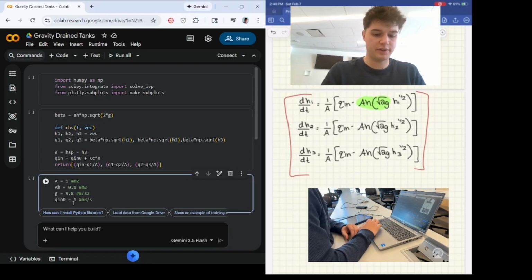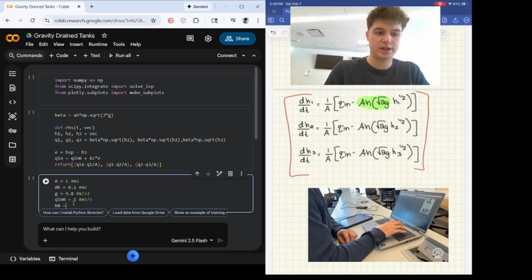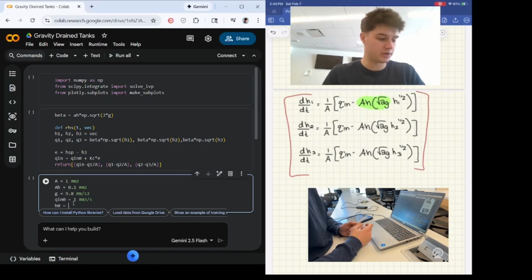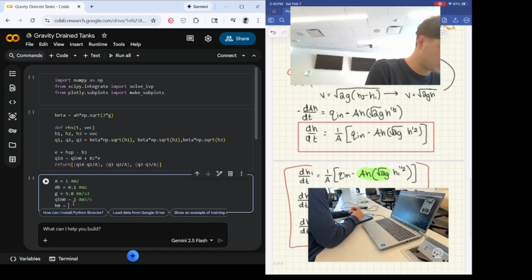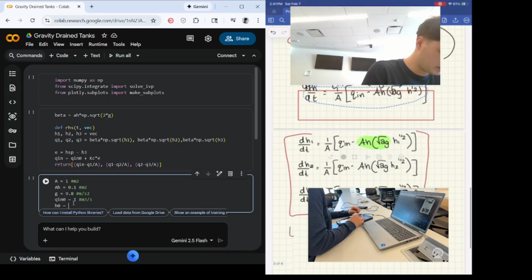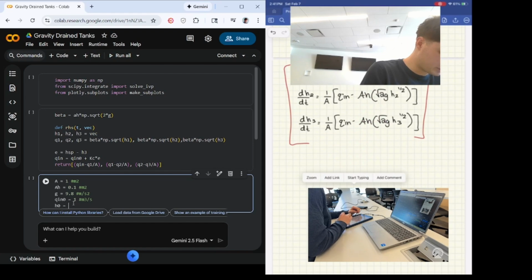So the next variable we want is H naught. And we are actually going to have to go back to the iPad to be able to solve this. We're going to look at this equation here. We're going to circle all of this. The first thing we're going to want to do is copy.